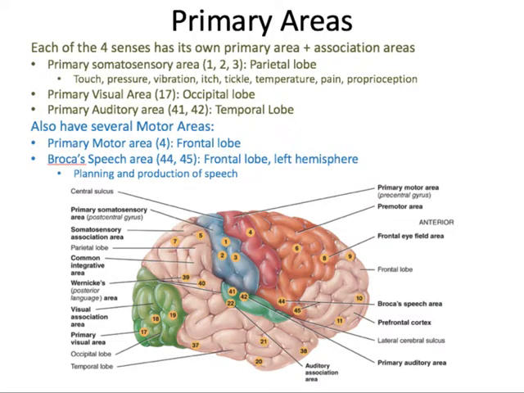Okay, so for the primary areas, each of the 4 senses has its own primary area. So what do we have? We have smell, we have taste, we have hearing, we have sight. So each of those senses has its own primary area, and each of those senses requires its own association area.